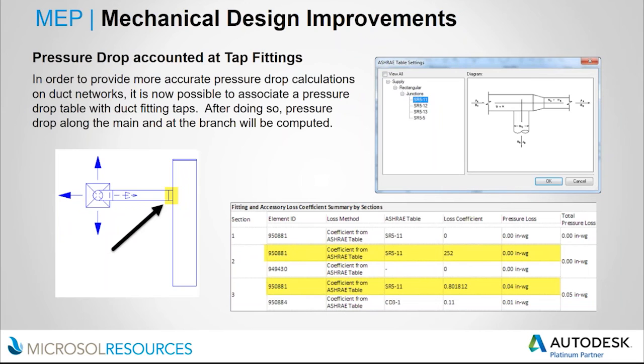All right, we also have pressure drops accounted at the tap fittings now, so we can make sure that our pressure drop calculations are more accurate on our duct networks. And after we calculate the pressure drop at the tap fittings, the pressure drop along the main and the branch will also be computed.